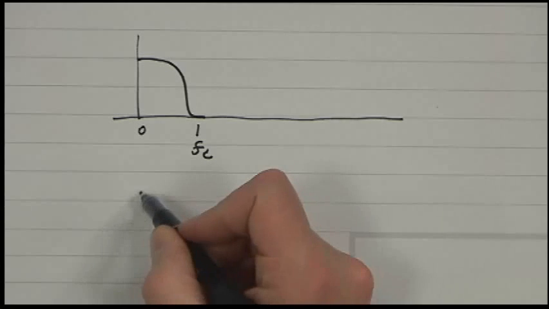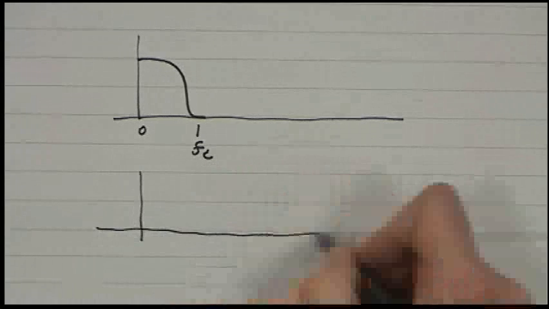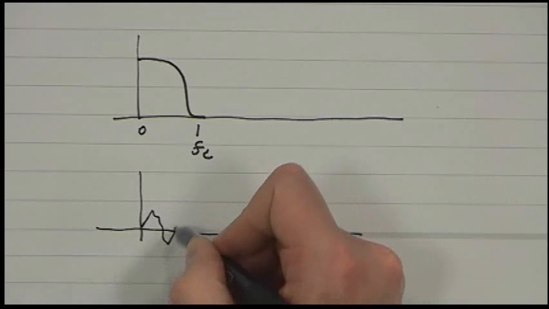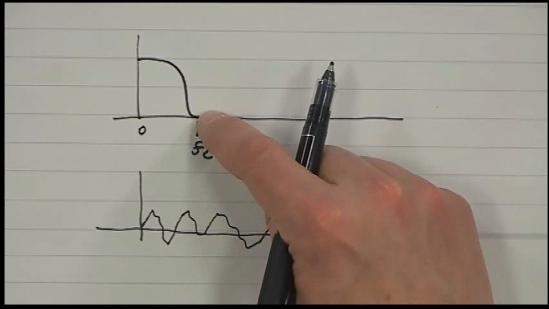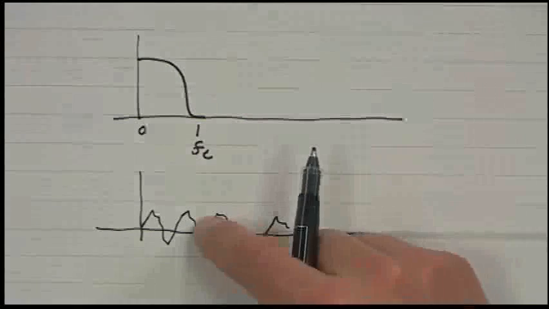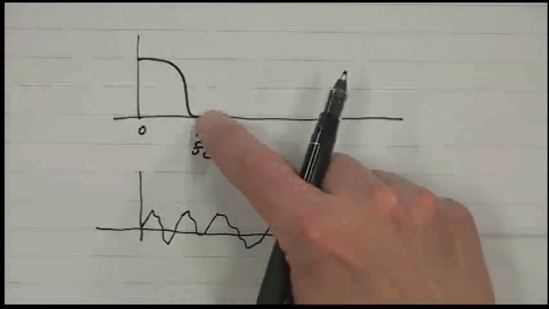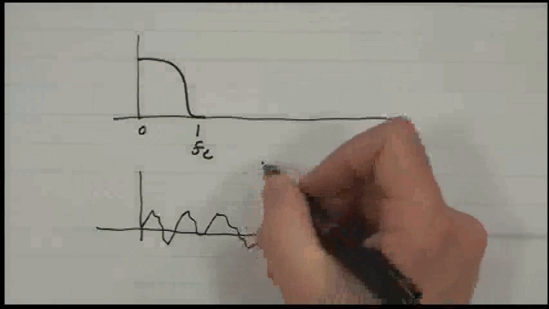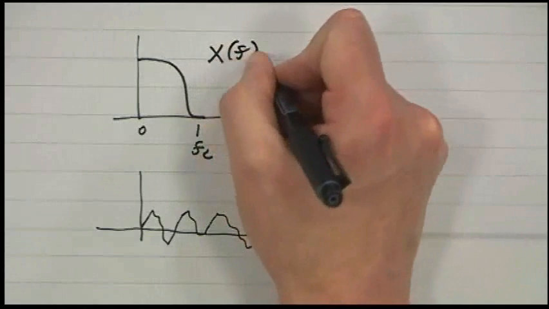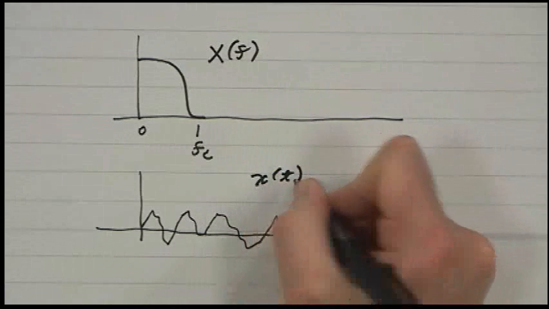And then that associates with some kind of time signal, right? So if I want to sample this signal that has a maximum frequency of f sub c, how fast do I have to sample this signal in time? So this is X of f, and this is X of t.